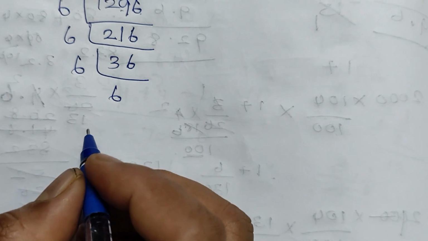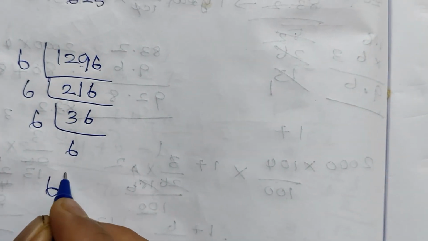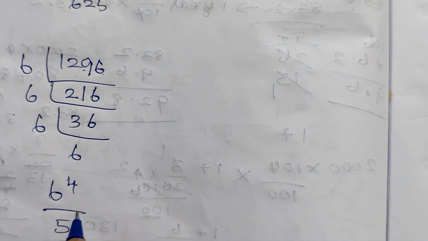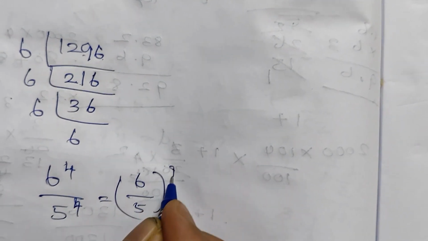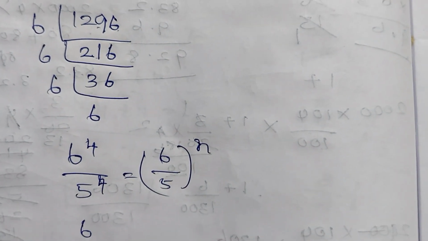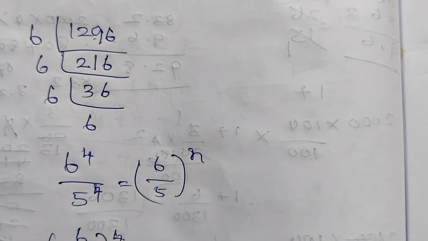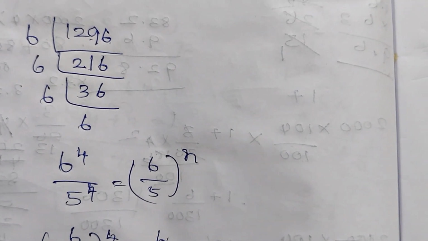So 1296 by 625 is 6 power 4 divided by 5 power 4, equal to 6 by 5 the whole power n. So 6 by 5 the whole power 4 equals 6 by 5 the whole power n.